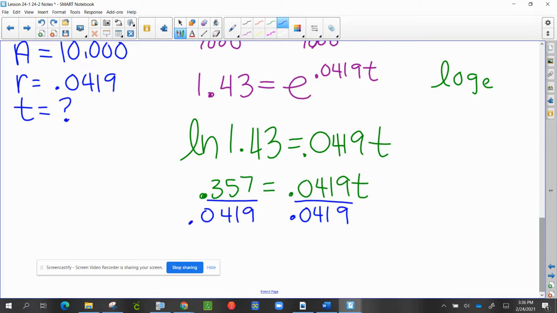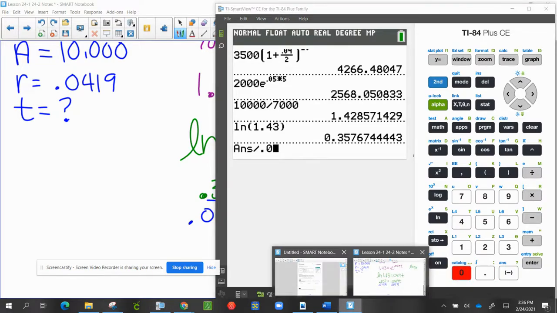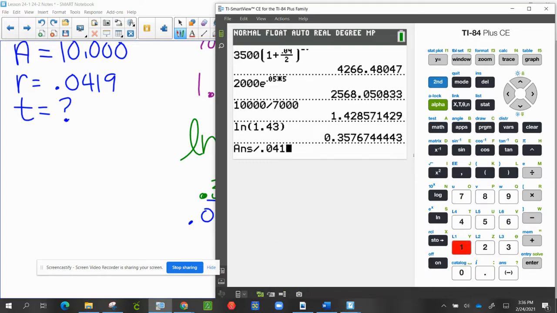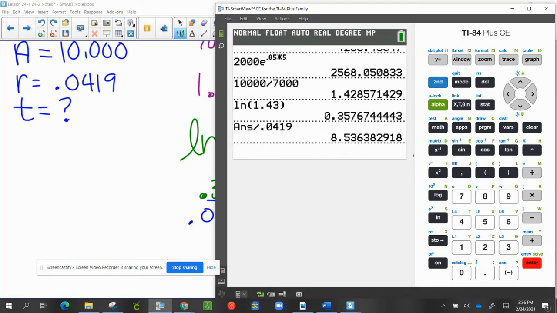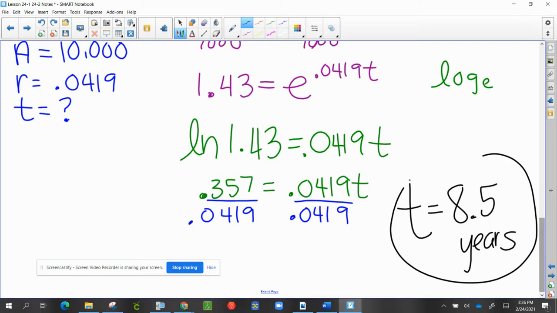That's okay. In my calculator, I'm going to hit divide 0.0419. Okay, so we have 8.5. That means it's going to take 8.5 years for our $7,000 investment to turn into $10,000.